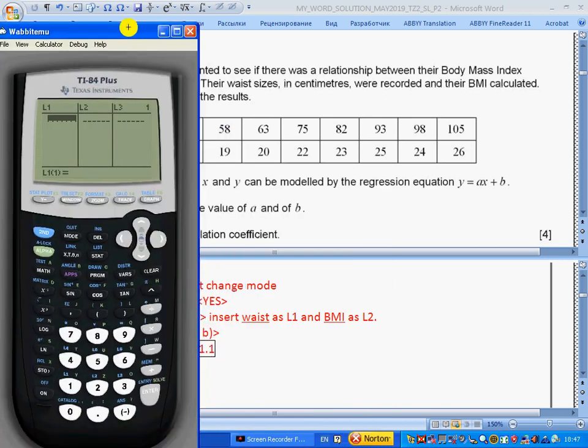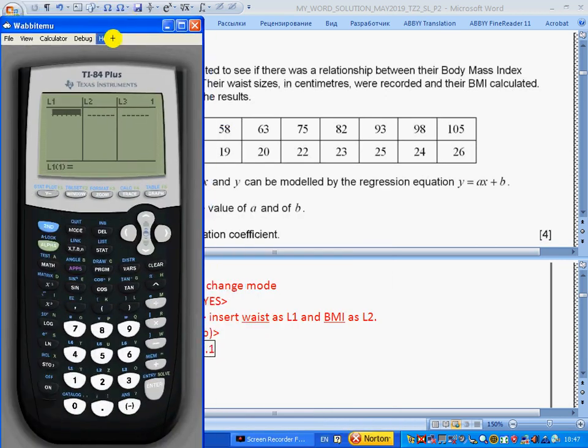First we put X, so it is 58, enter, 63, enter, 75, enter. 82, enter. 93, nothing happens. 90, okay, sorry, delete, enter.